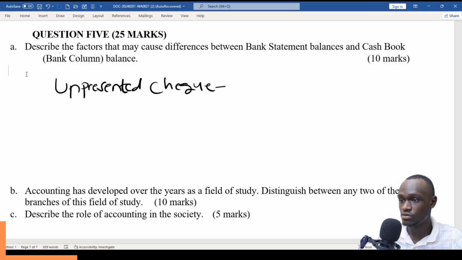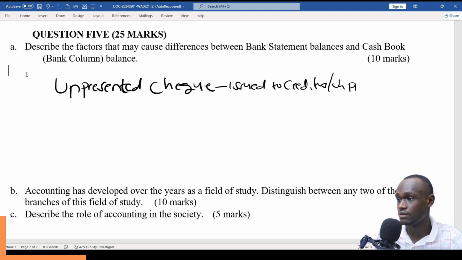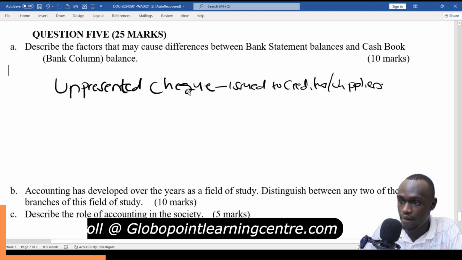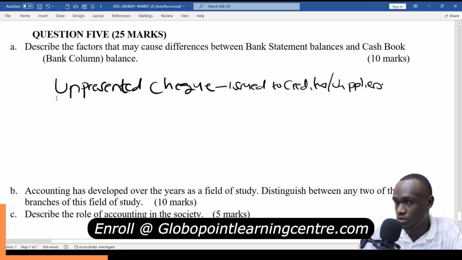These checks are issued to creditors or suppliers for their payment for the goods that they supplied. So they may take a while before presenting the check to the bank, and so the bank will not have the records of this transaction, and this will cause the difference between the two statements.